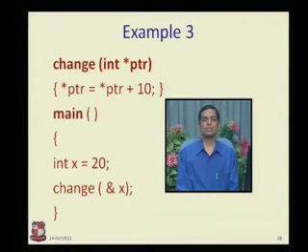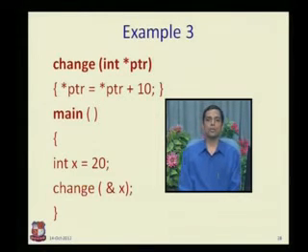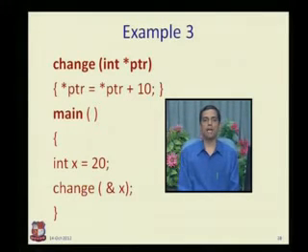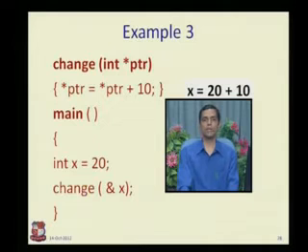So what does this do? In the main, when I call this change function, I have declared integer x is equal to 10, or it could be 20 also. Change ampersand x means now I am passing the address of x to the function change. So what would be the output of this? X would become 20 plus 10. Why?